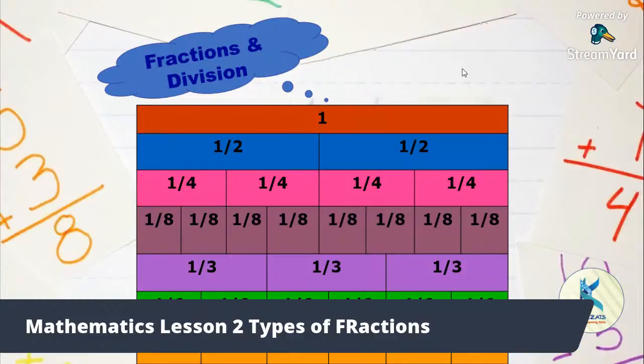The gist of the diagrams I've shown you is that if we divide anything into equal parts, that is called a fraction, and each fraction is known by the number of parts. If we divide into 2, it is called halves. If divided into 4, it is called fourths. If divided into 8, eighths. If divided into 3, thirds, and it goes on.